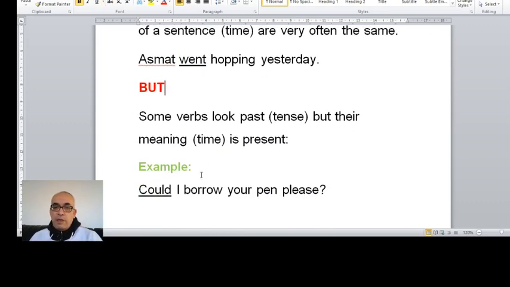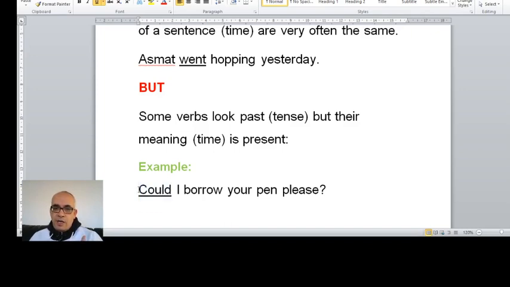But if you look here, some verbs look past, but their meaning is present. Example, could I borrow your pen, please? Could. What is the tense? Past simple. What is the time or the meaning? It is present.